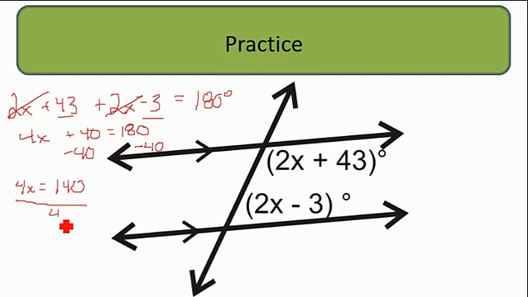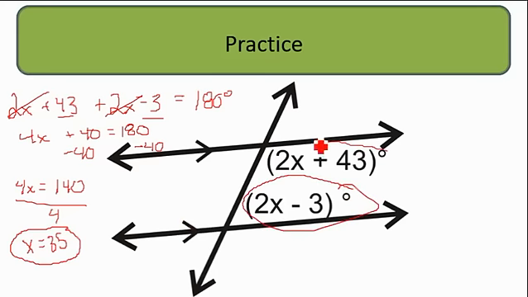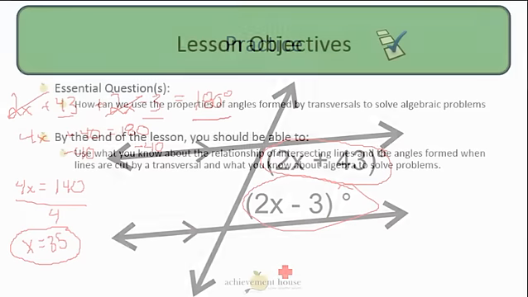Divide both sides by 4. And you will get x equals 35. And again, we substitute that into these two expressions. They won't be equal this time because they're consecutive interior angles, but their sum should be 180 degrees.